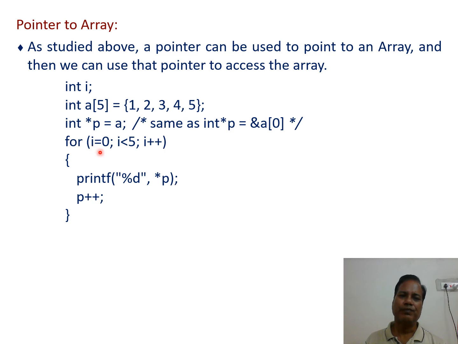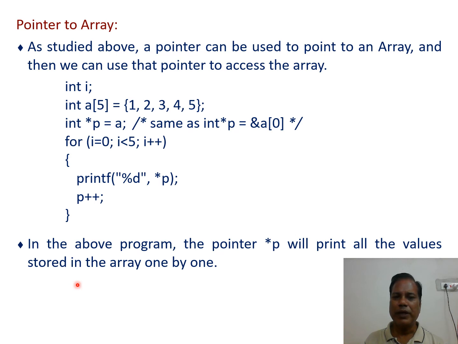First time the condition is true. So till this condition is true, the body of the for loop is executed and the data pointed to by the pointer variable is printed, that is the elements of the array A. When we run this program, we get the output as 1, 2, 3, 4, 5.